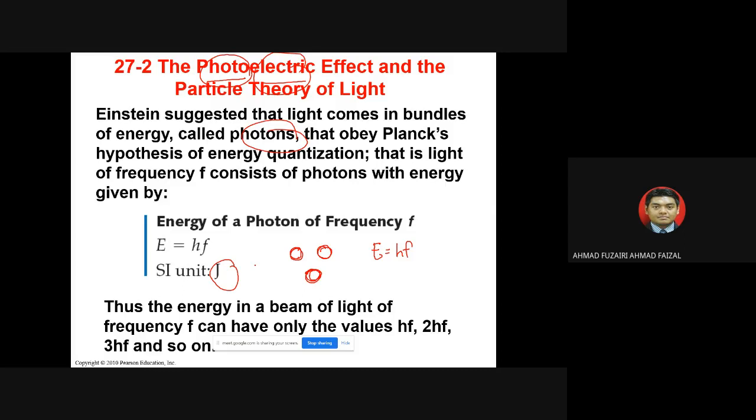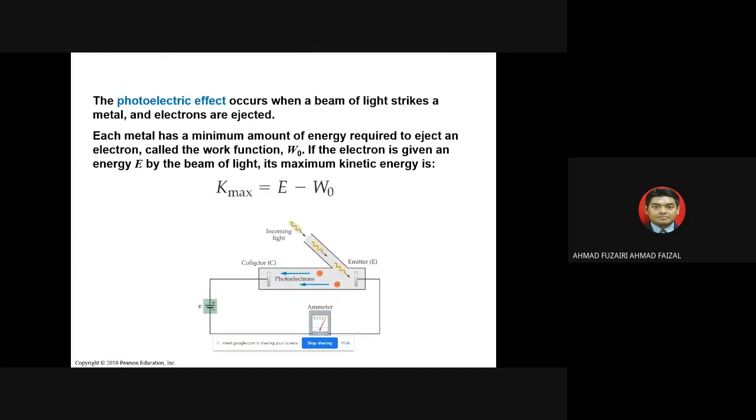So when you have this energy, he tried to do some calculations using the photoelectric effect experiment, which means he wants to obtain this equation: K max equals E minus the work function. The work function is not a work, it is an energy. This one is energy, and this one is also energy, but this one is the maximum kinetic energy.